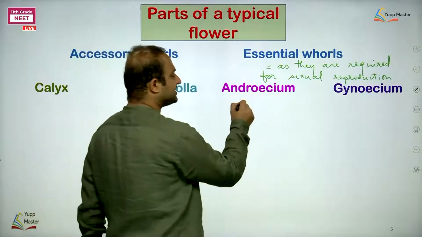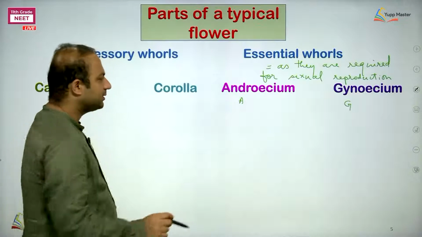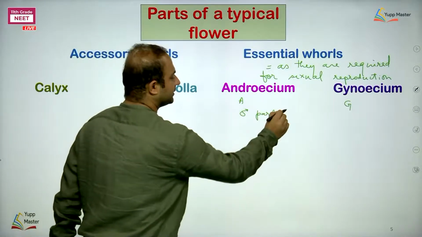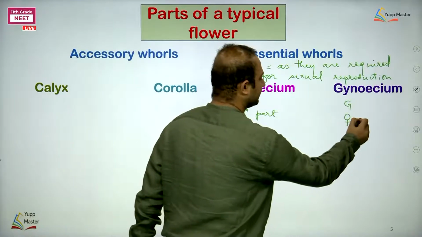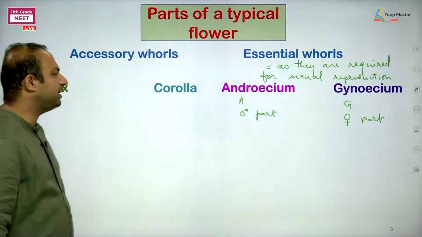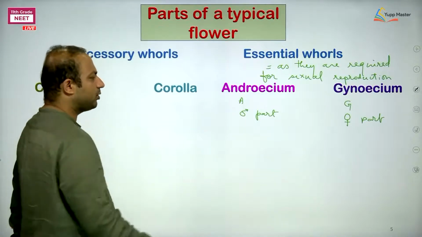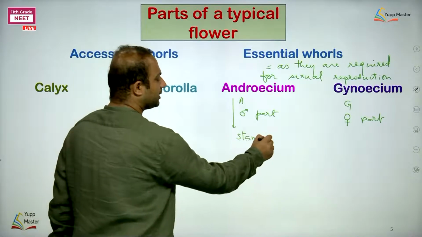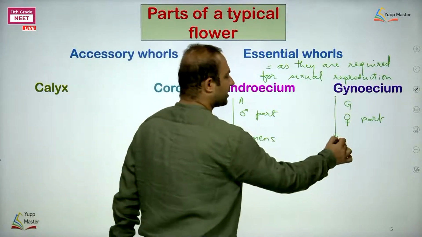By the way, androecium means A, gynoecium means G in the symbolic form. The A is representing the male part of the flower. The gynoecium is representing the female part of the flower. So the male and female parts are respectively androecium and gynoecium. Now, the androecium is what? Androecium is the whorl of stamens, as I told you. Whereas gynoecium is the whorl of carpels.